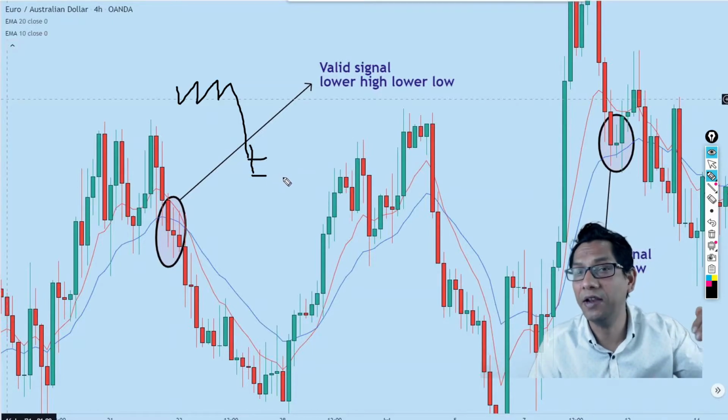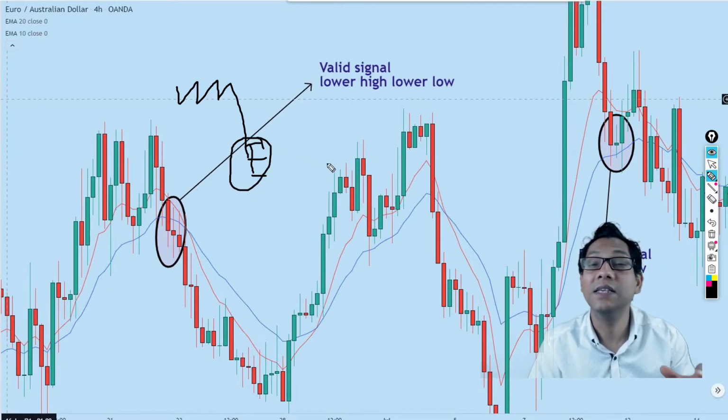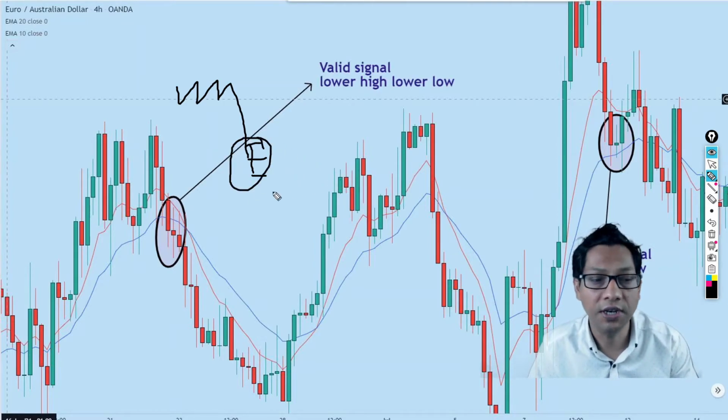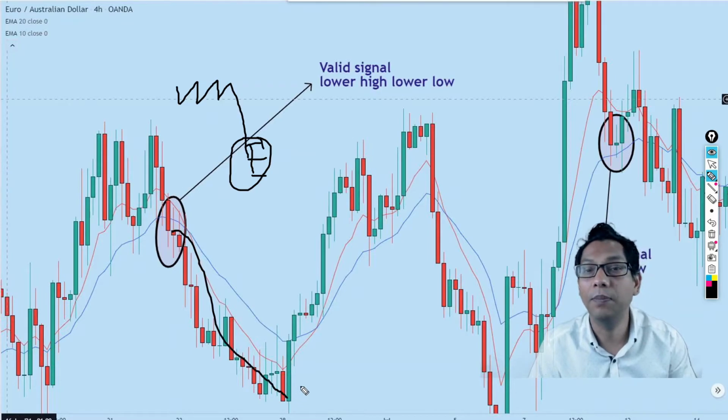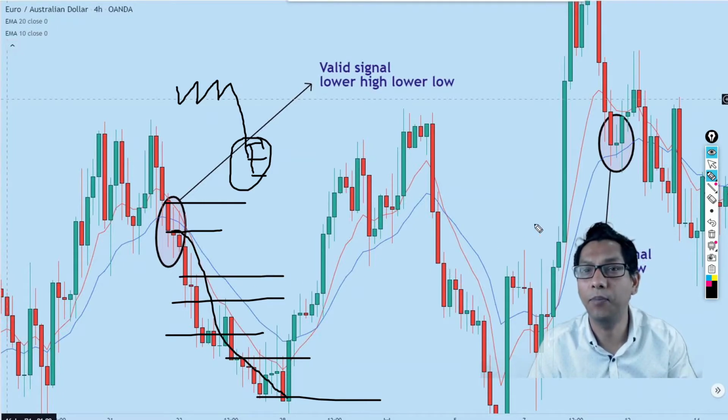When it is breaking to the downside, then lower high and lower low, that is a signal of continuation. And after that, what happened? The price dropped a lot. If you trade it from here with a narrow stop loss, again you can gain almost 5 to 6 times profit.